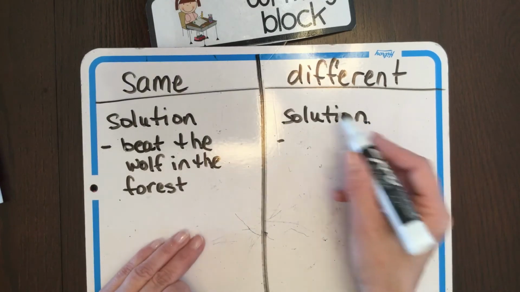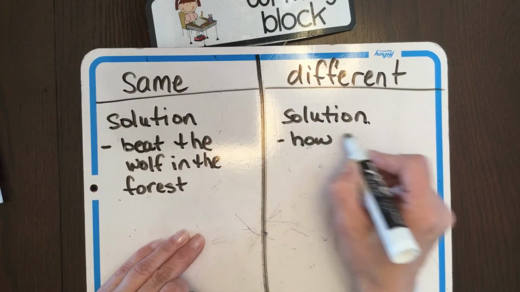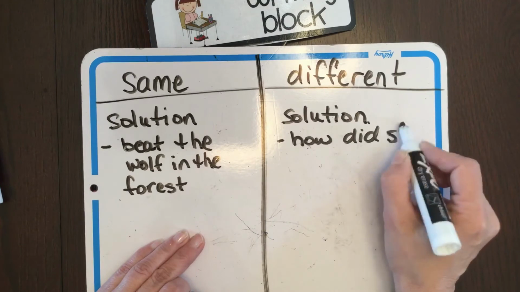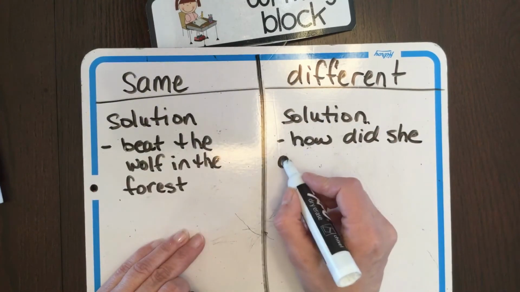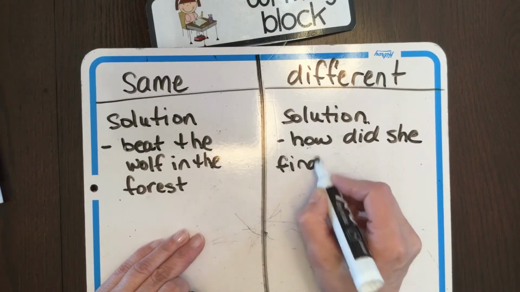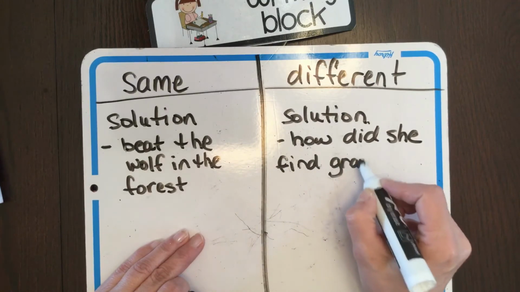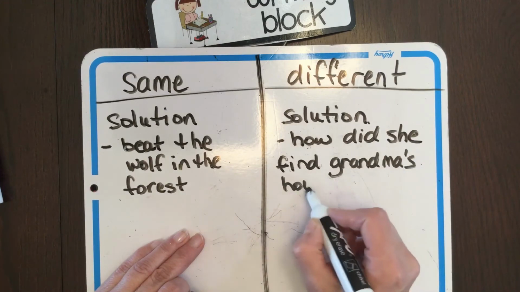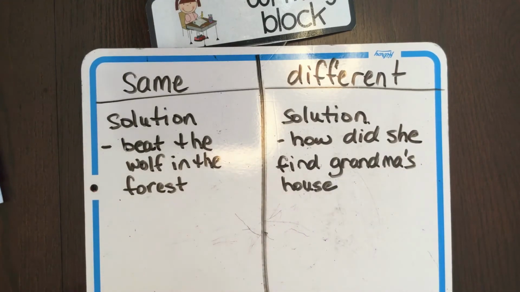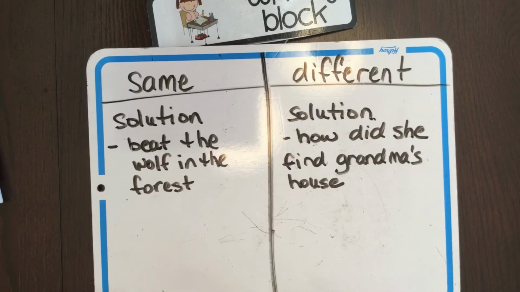And in the city story, it's how did she find, oh, I put did she, I want find here. Find Grandma's house. Listen to the story first, my friends, so you know how did she find Grandma's house. Did the wolf come back? That's a good wondering if it's the same or different.